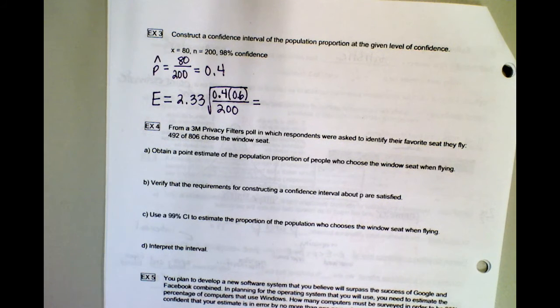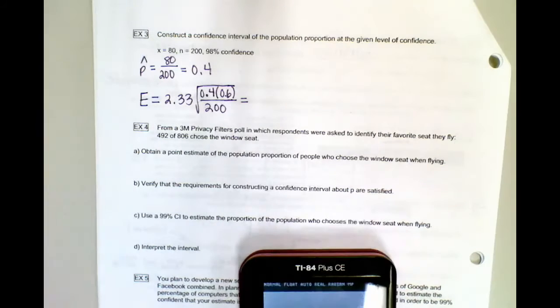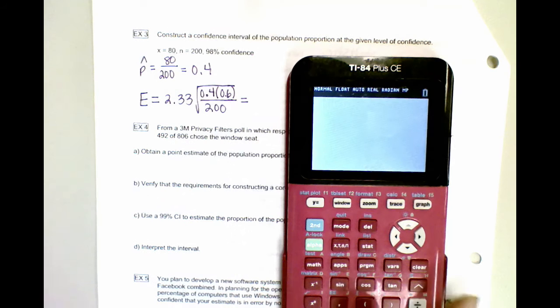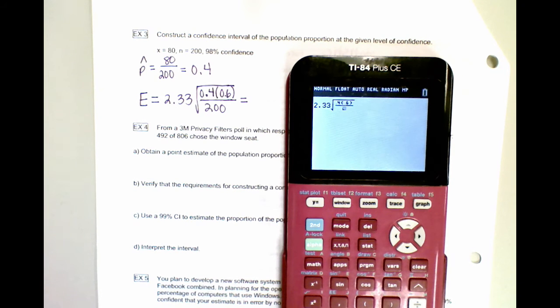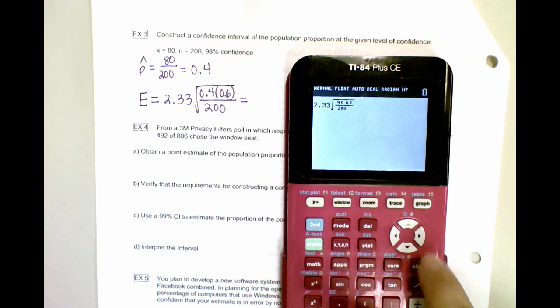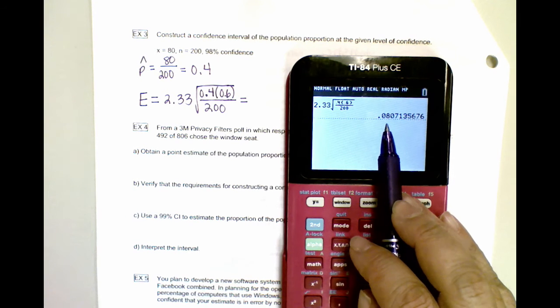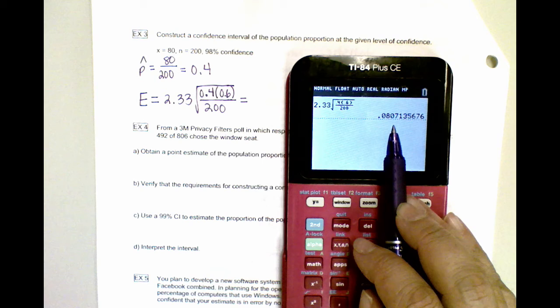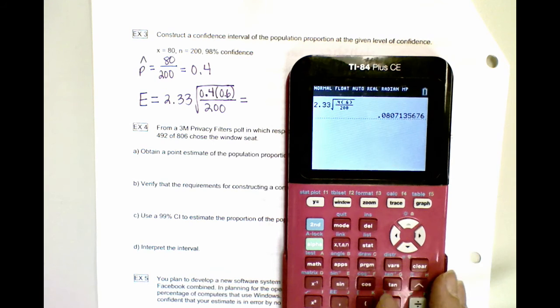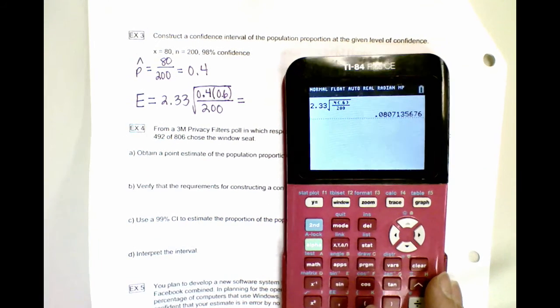Most of the time, our confidence intervals for proportion, we use 3 decimal places and fraction. So 0.4 times 0.6 on the top, 200 on the bottom. And so 0.081 on this guy.